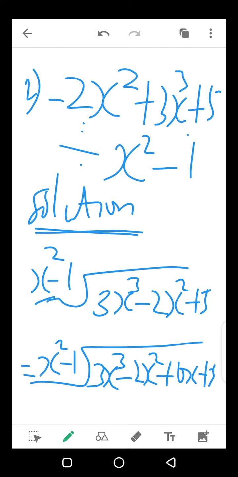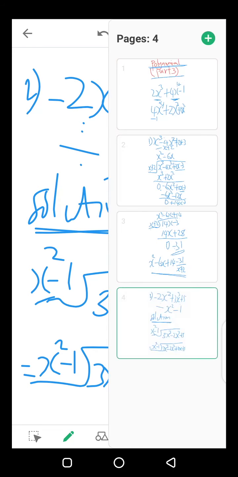Now for the divisor, we still have to do something. We still have to include the x degree, that is x raised to power 1. We come back to this one, so we work on it again.